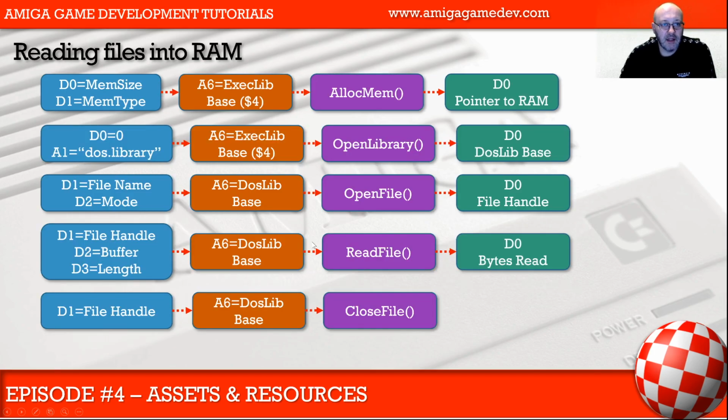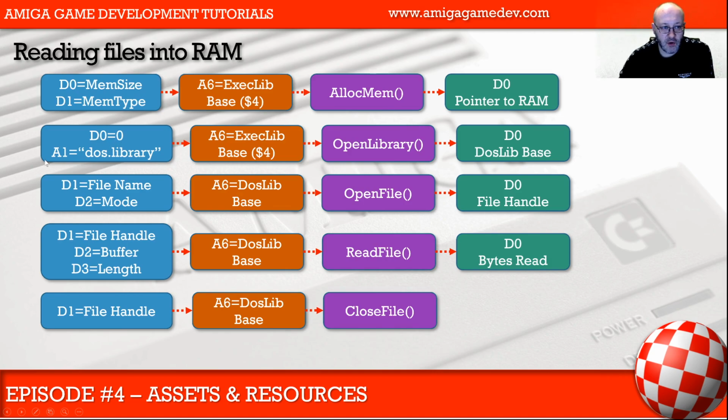Okay, reading files. So we've allocated our RAM. Now we want to go and maybe read some files into that RAM, and these are the steps that you would typically do. So the top one we've already just touched on, which is allocating memory. And then once we've done the allocate of memory, we want to open the DOS library, which we've just touched on as well.